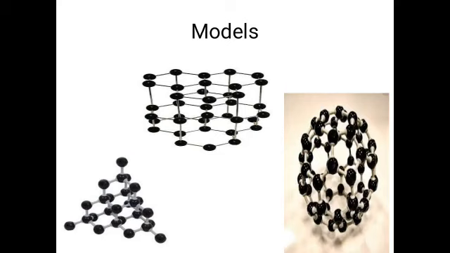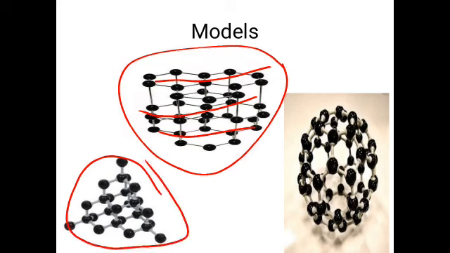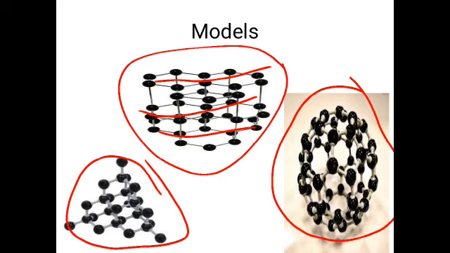Like this is the model of graphite, in which 6-carbon rings are present in layers. You can see 1 layer, 2 layers, 3 layers. The tetrahedral structure of diamond. The ring structure of buckyballs. So this is how we are trying to understand how many atoms are present and how they are arranged in their structure.